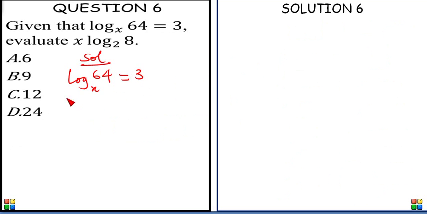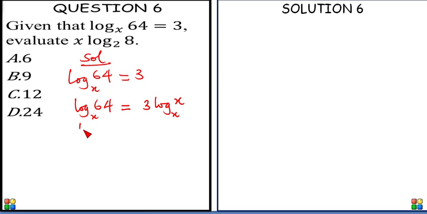We write it as log 64 base x is equal to 3 log x base x. You remember that logarithm of x to base x is 1. So log x base x is 1, so 3 times 1 is still 3 at the end of the day.